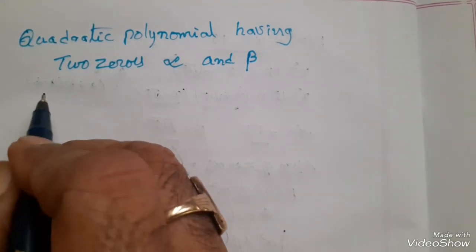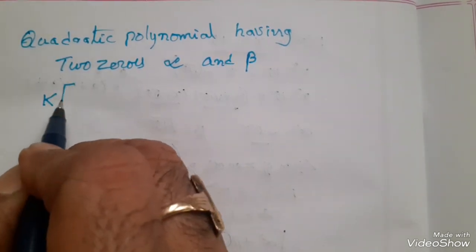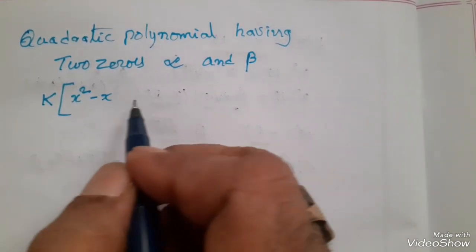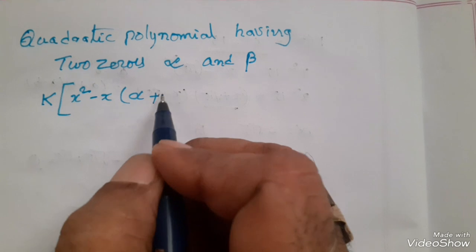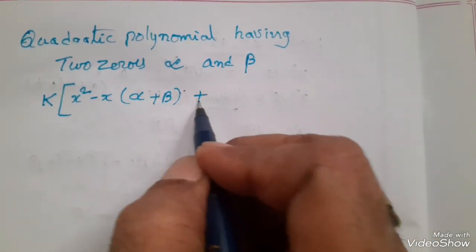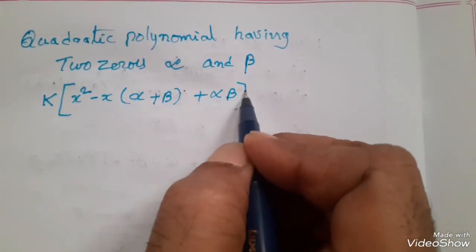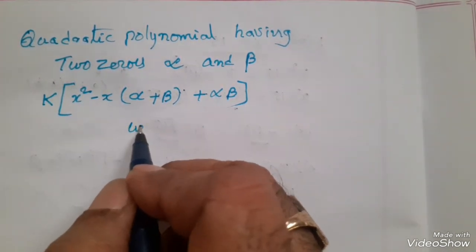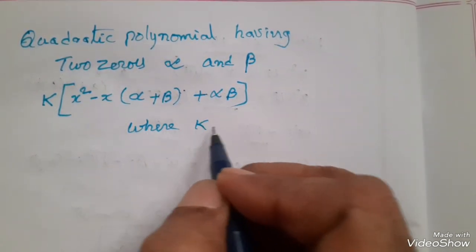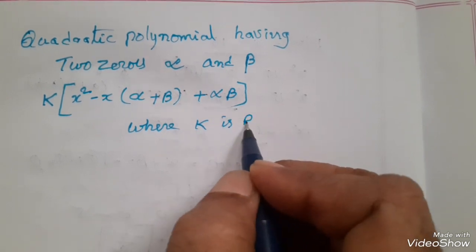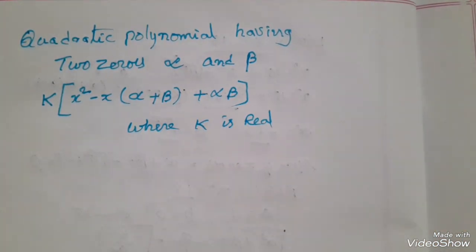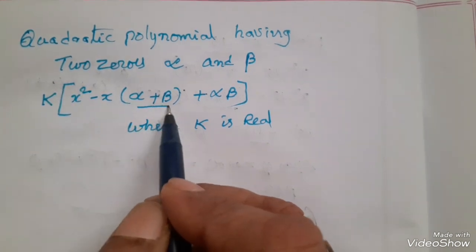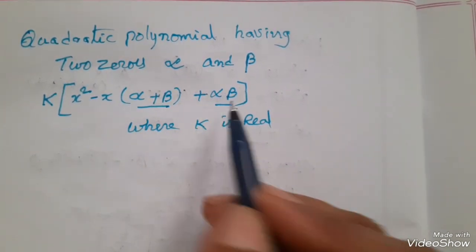That is k into x square minus x into alpha plus beta plus alpha beta, where k is a real number. So x square minus x into the sum of zeros plus the product of zeros.